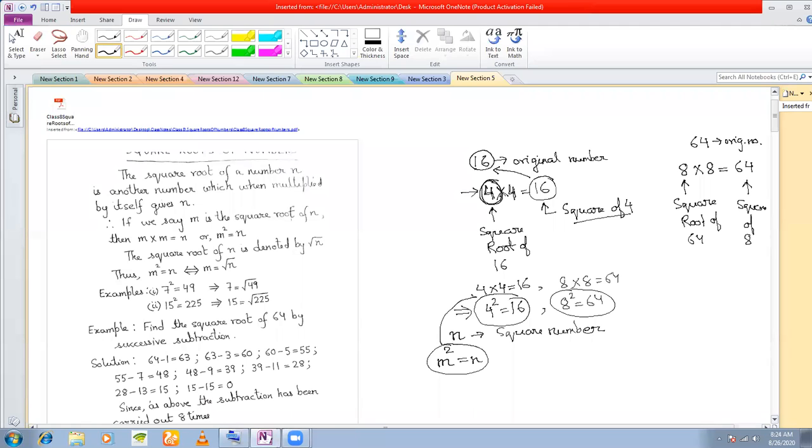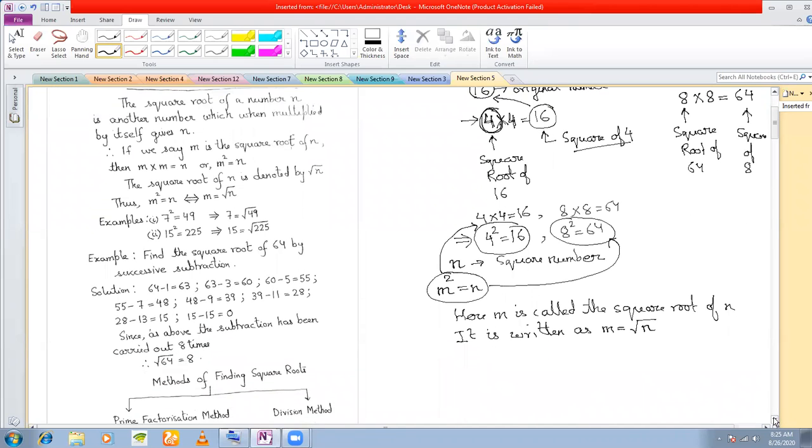So m here is called the square root of n, and it is written as m is equal to square root n.